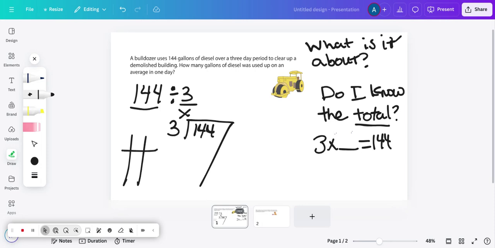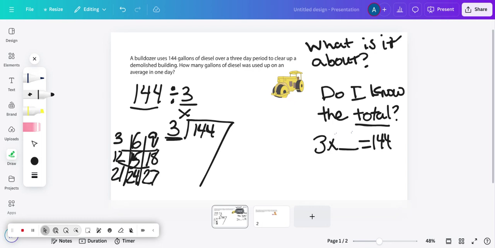In my hashtag, I'm going to list out all my facts for my 3's. So 3 times 1, 3 times 2, 3 times 3, 3 times 4, and so on, and then finally 3 times 9, which is 27.